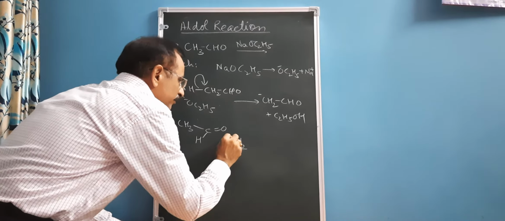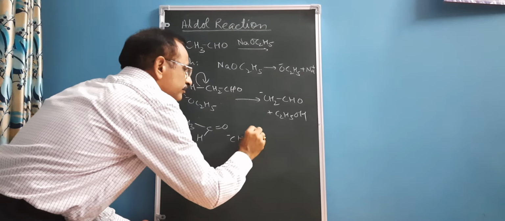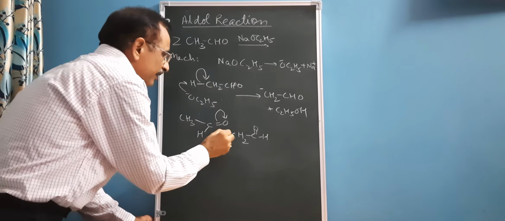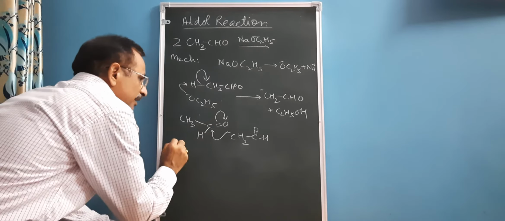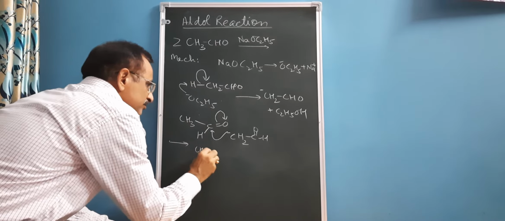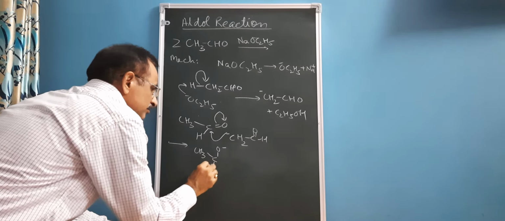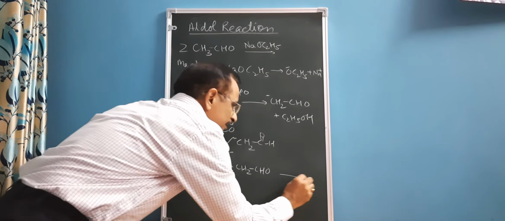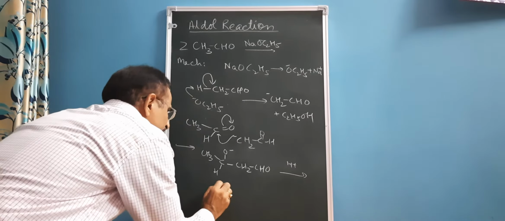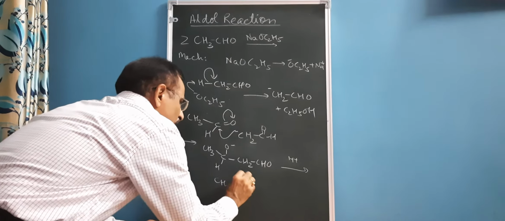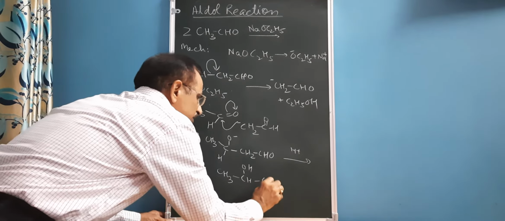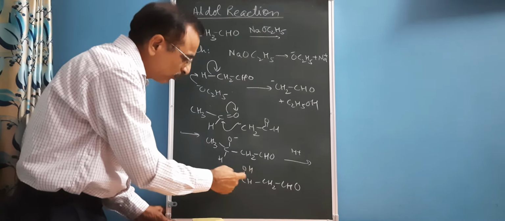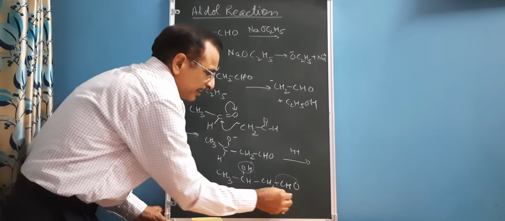Here we are having carbonyl carbon and due to electromagnetic change here it approaches at carbonyl carbon forming, and then with hydrogen ion it will form CH3CH(OH)CH2CHO. This is aldol product. Here we are having alcoholic group as well as aldehydic group.